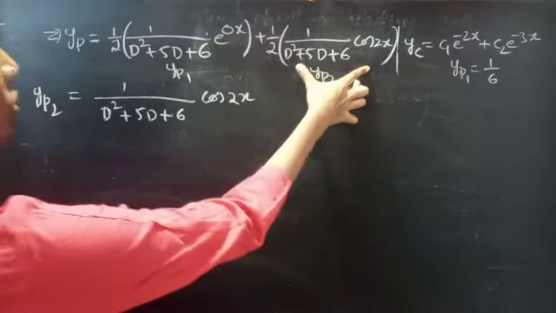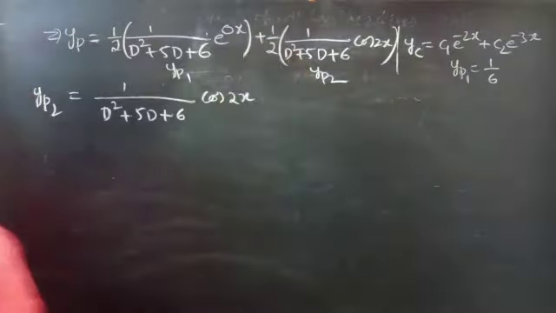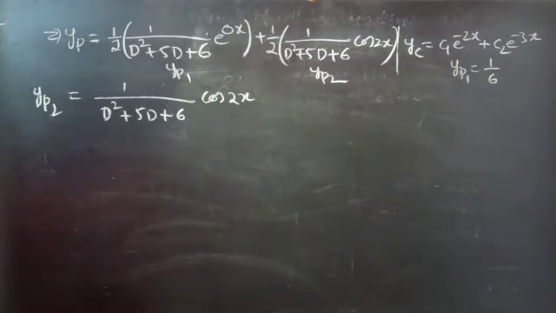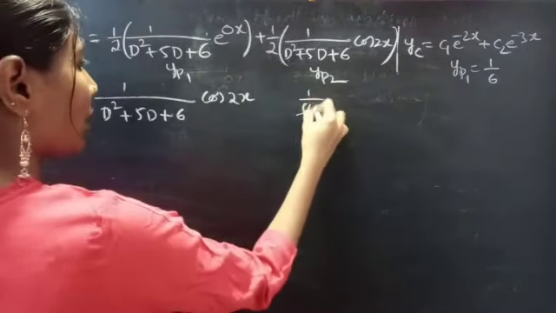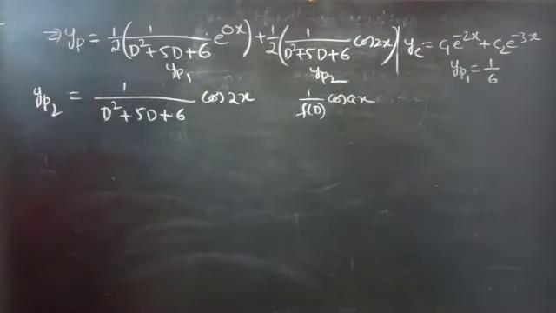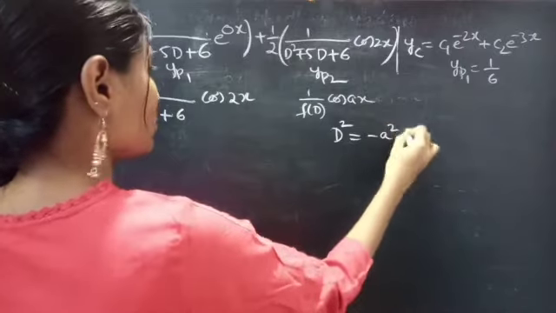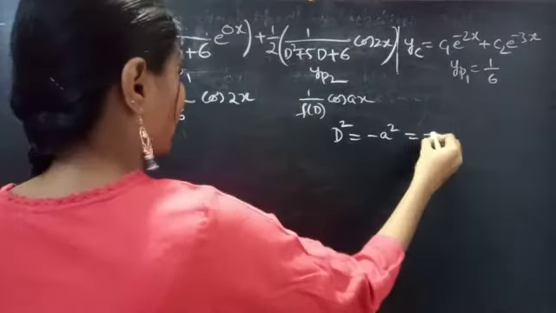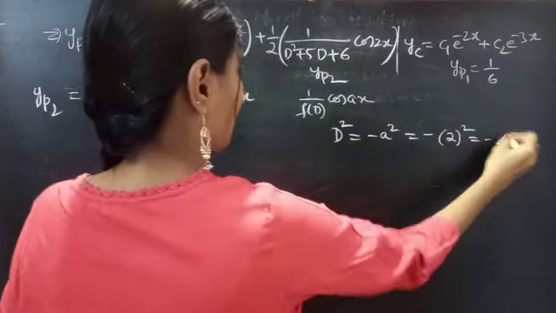yp2 equals, I'm taking yp2 as the terms under bracket. Now this is of the 1 by f of D into cos ax form, right? Firstly we need to find D square, which is given by minus a square, which equals minus, for a equals 2, minus 4.